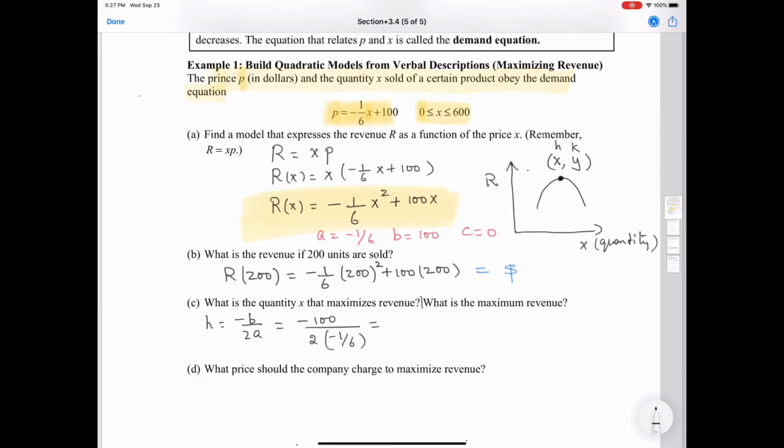Simplify, find the value of it. Whatever the answer is, take that back into the function. So we'll figure this out first.